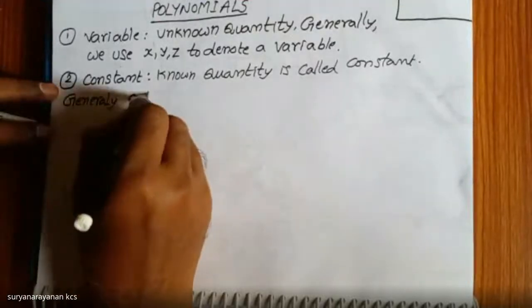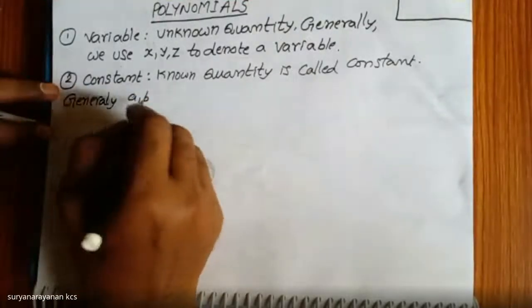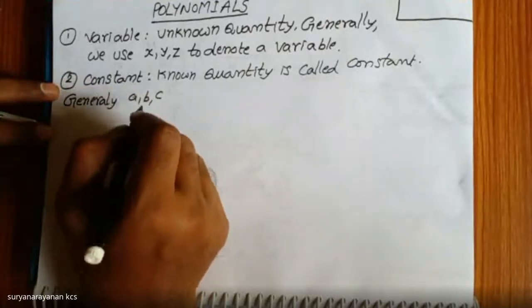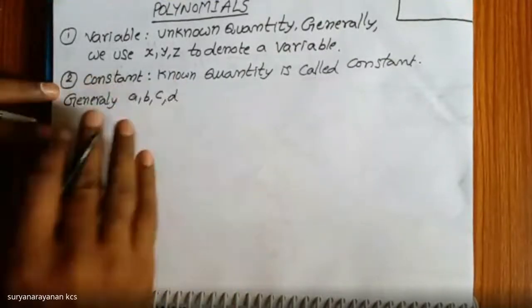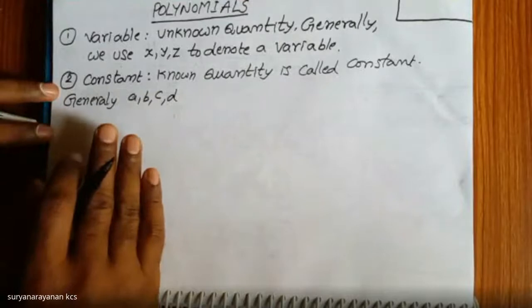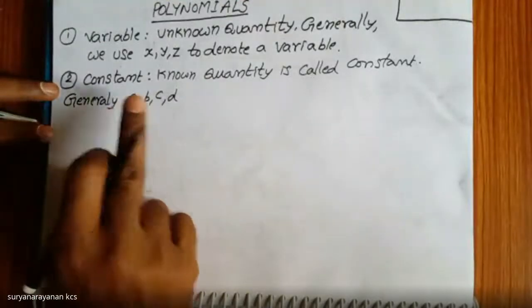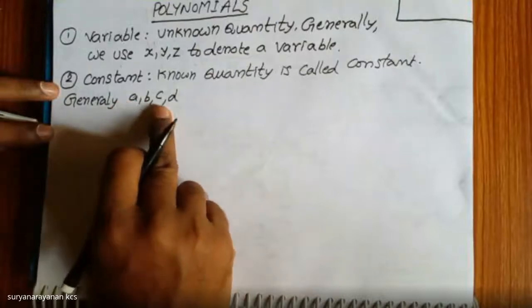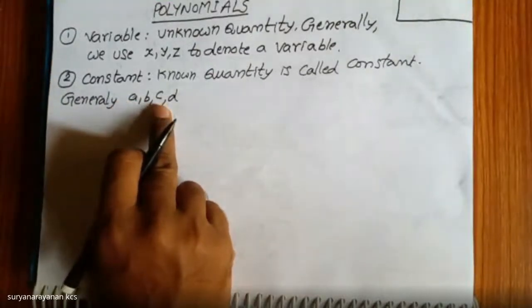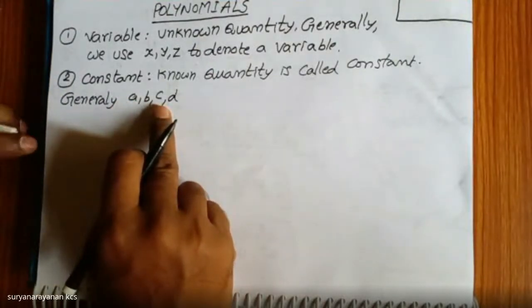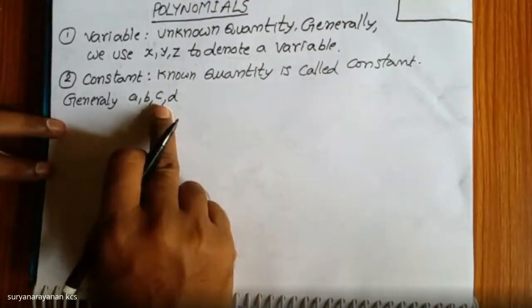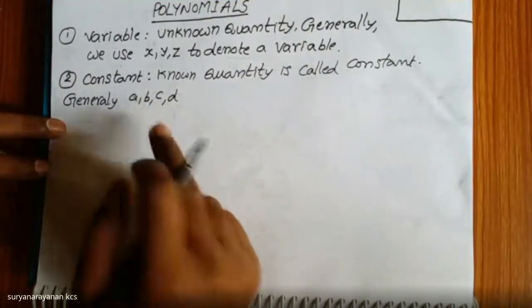Generally, small letter a, b, c. In the English alphabet, the first letters are generally used to denote constants or arbitrary constants.